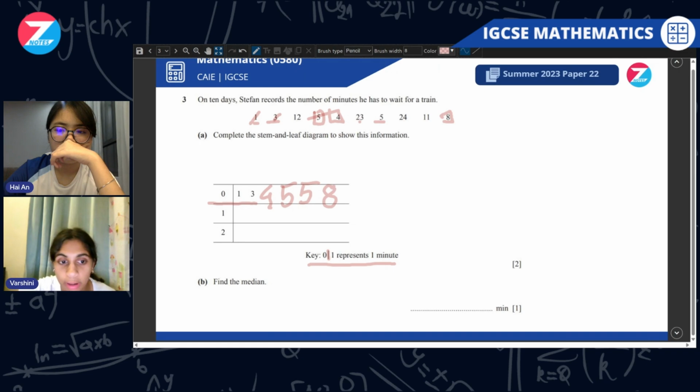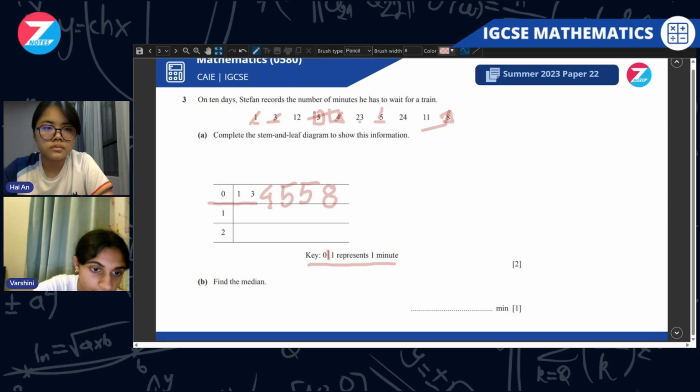Okay, for our next, all the numbers with the digit 1 in their tens place. Here we can take out 5, 4, and 8. Now we have 12 and 11, and 11 is before 12.